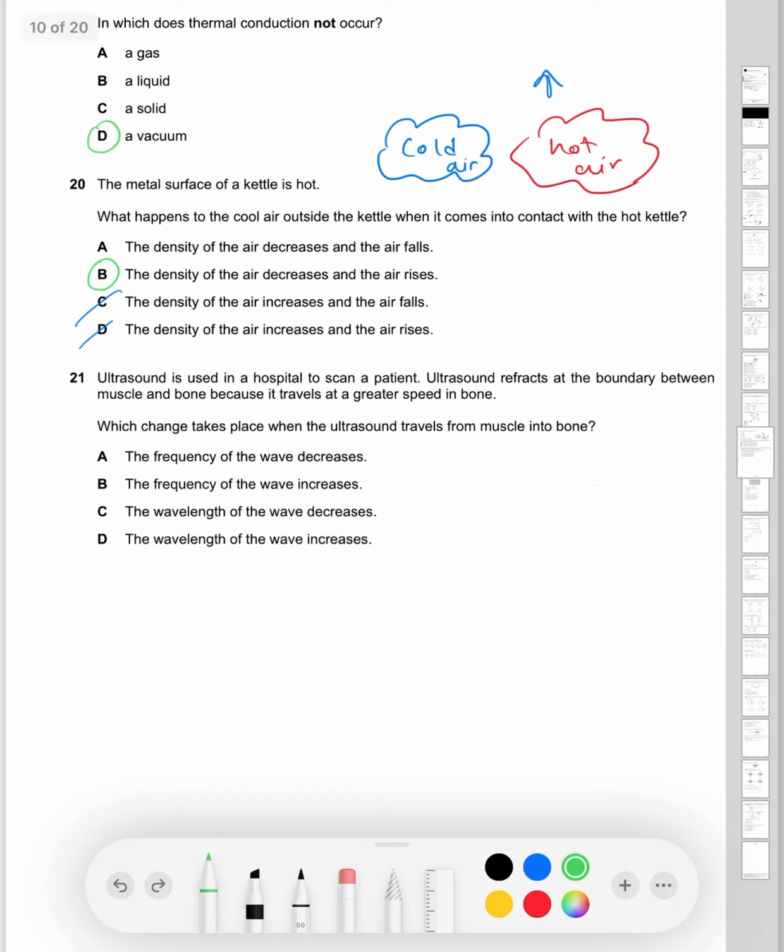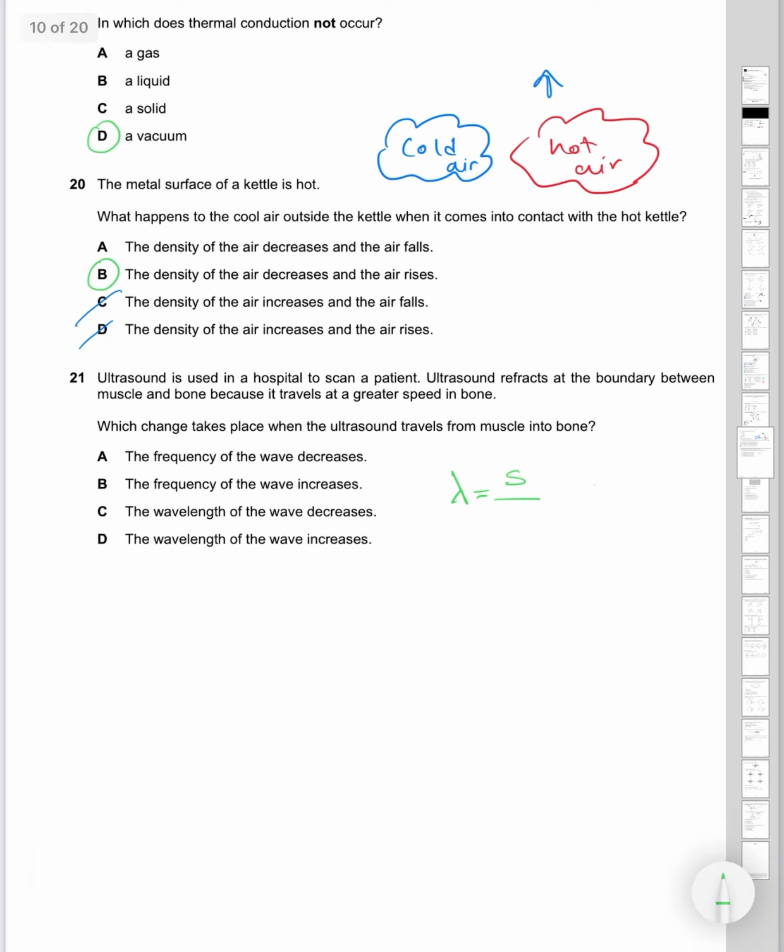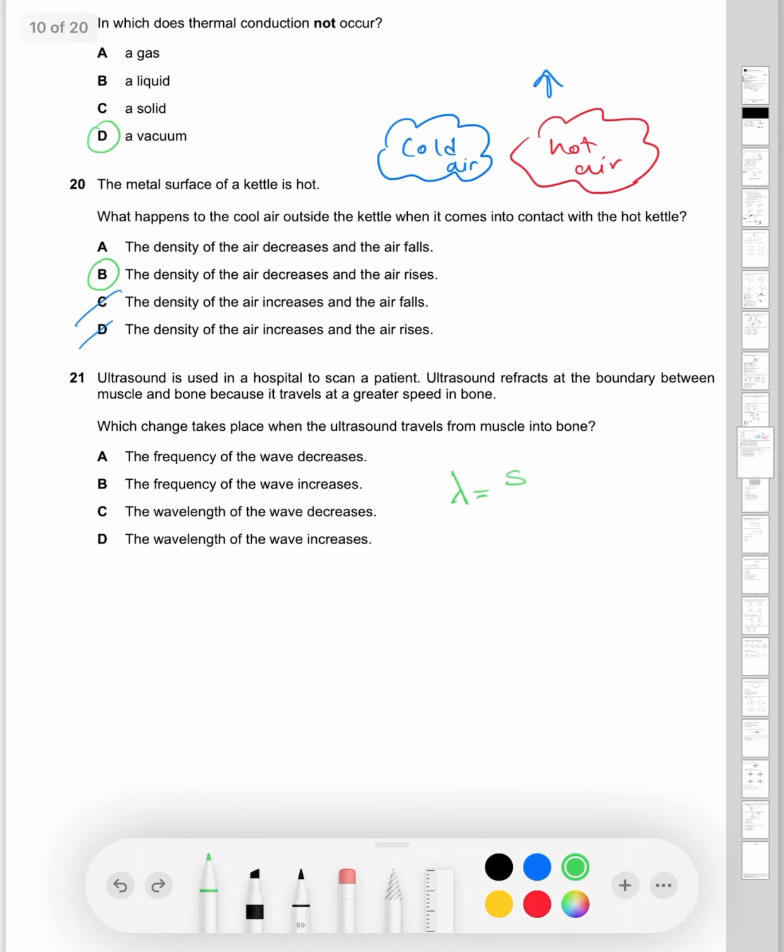So the speed and wavelength have a direct relation to each other. If the speed is increasing, then the wavelength is also going to be increasing, which would mean choice D is the correct answer.